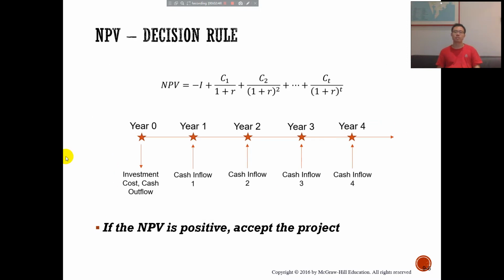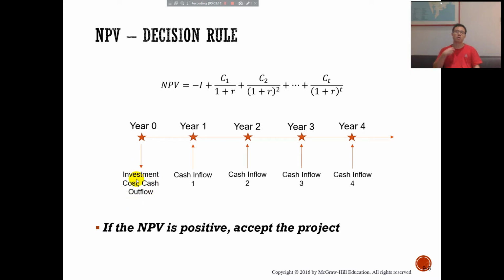If you still remember the timeline model, think about this. For example, we have 4 years. At year 0, we have an arrow pointing downward, which indicates the investment cost, a cash outflow.